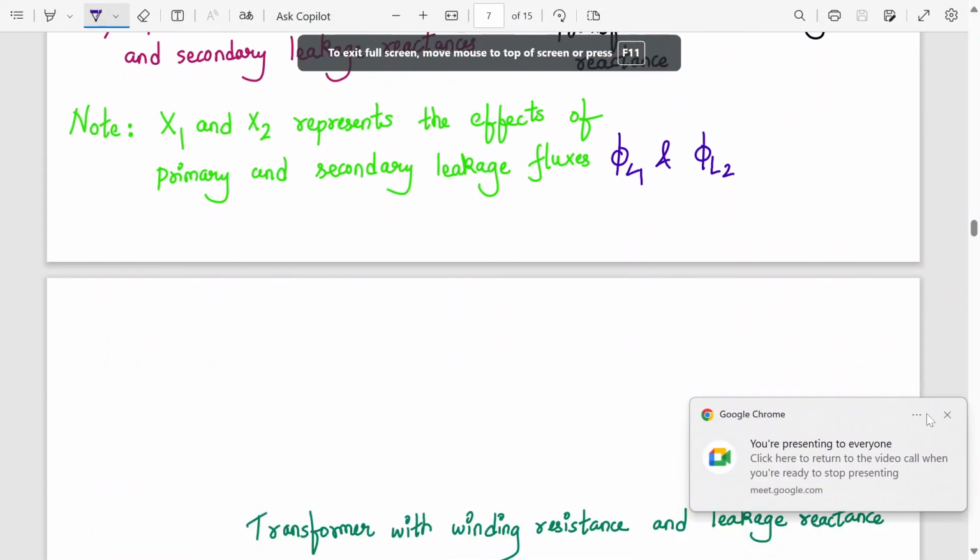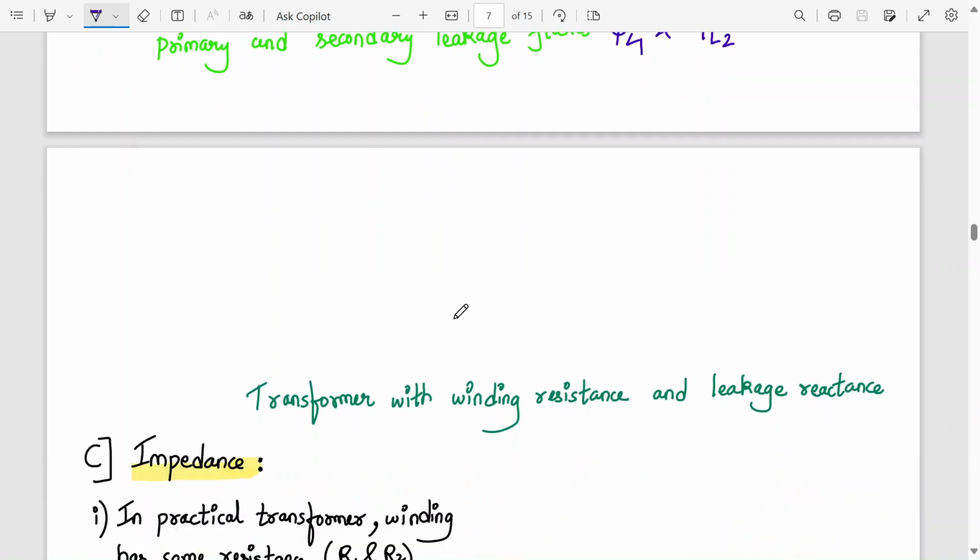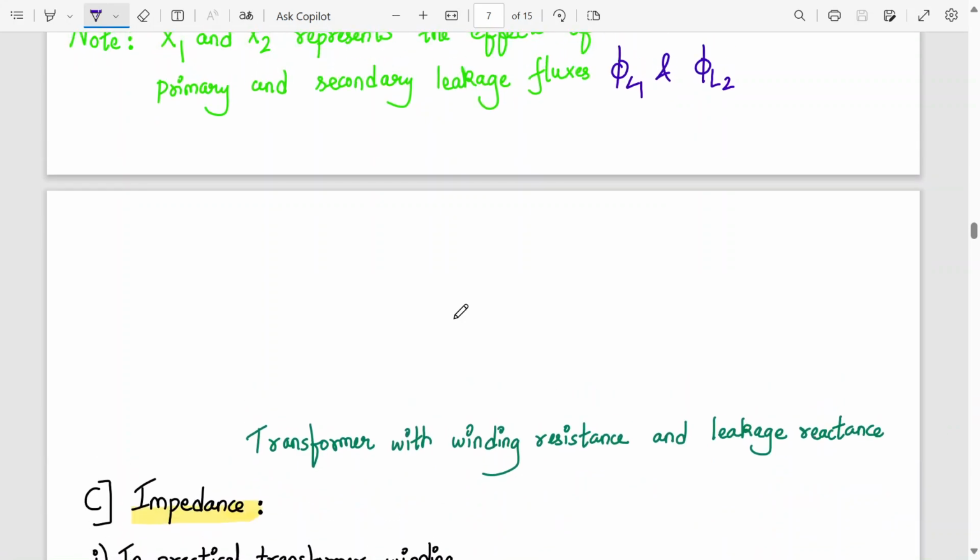Now please draw this diagram which I am drawing. Transformer with winding resistance and leakage reactance. So the winding resistance and the leakage reactance we will be showing in the same diagram. So we have R1 over here, a small inductor which is X1, representing the effect of primary leakage flux within the transformer.